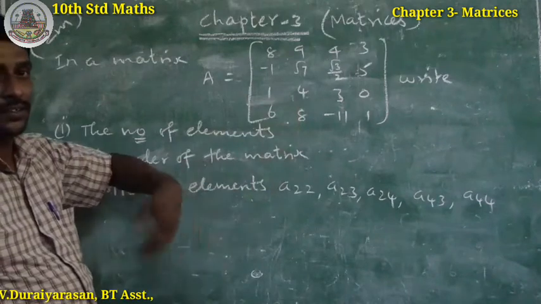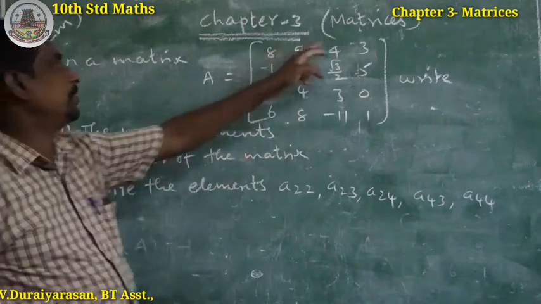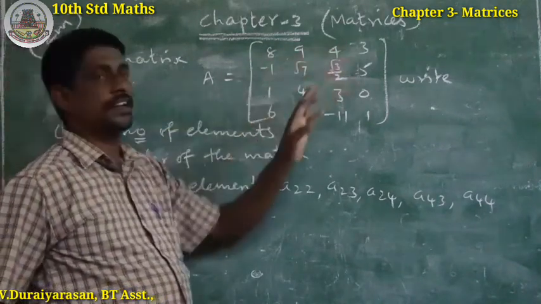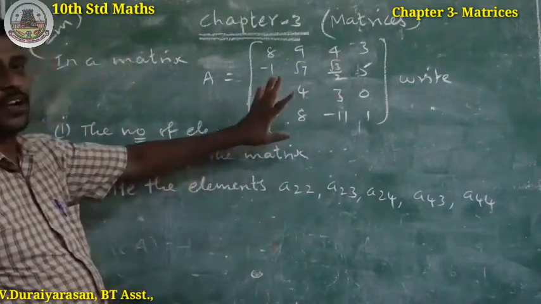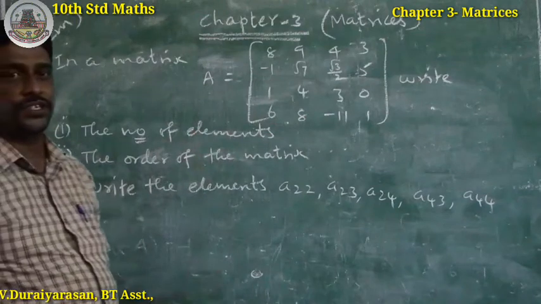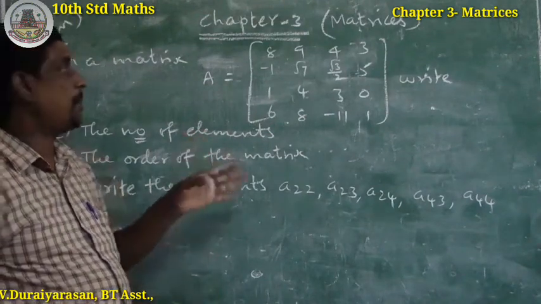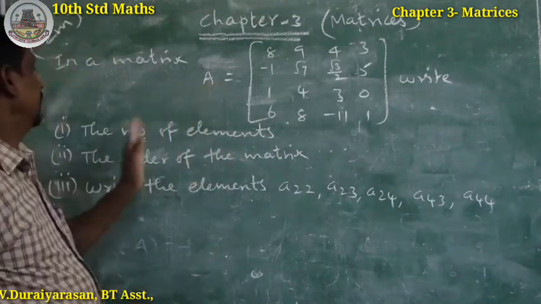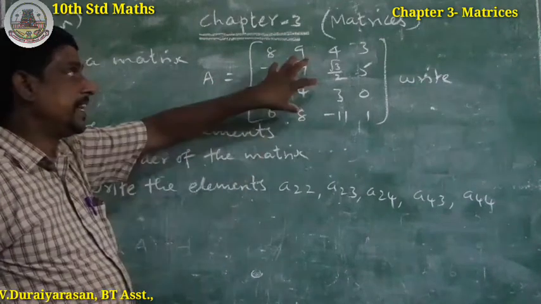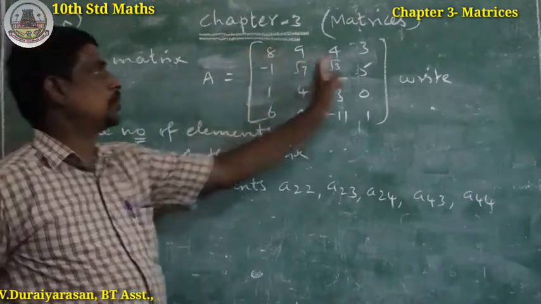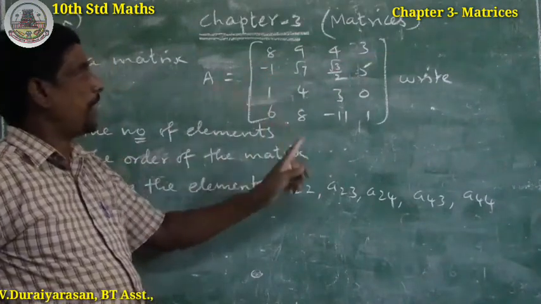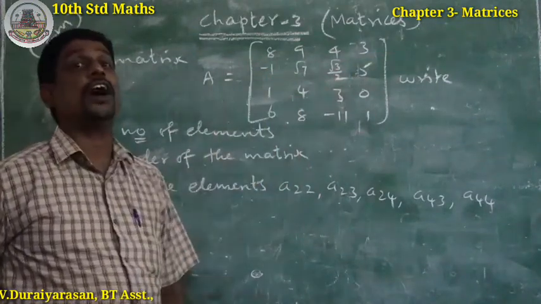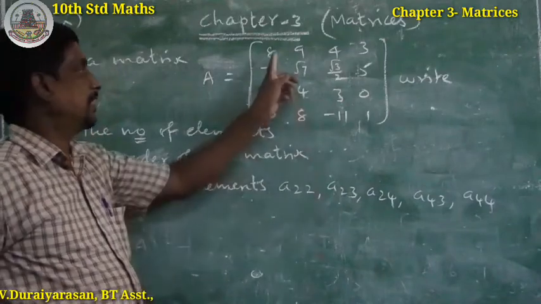Counting 1, 2, 3, 4, 5, 6, 7, 8 is not the proper way to find the number of elements of the given matrix. First, find how many rows or how many columns there are. How many rows?